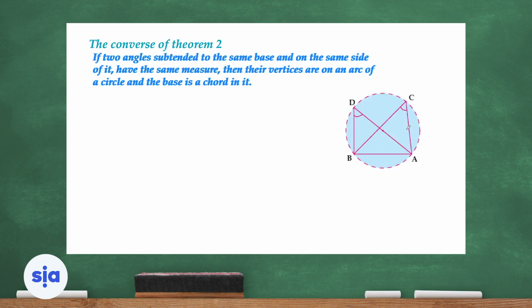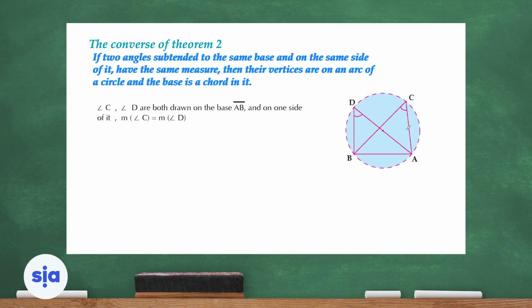Let's go and check a converse of theorem 2. If two angles subtended to the same base and on the same side of it have the same measure, then their vertices are on an arc of a circle and the base is a chord in that circle.